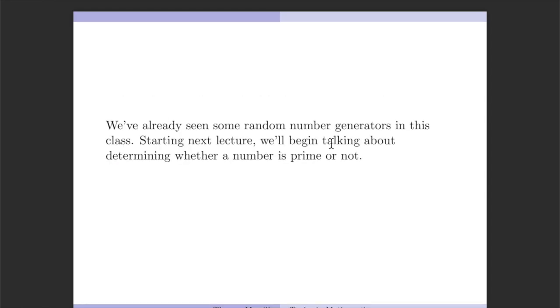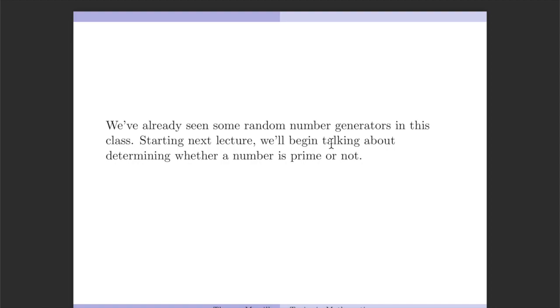Well, that should raise another question. How do we determine if some random number is prime? Particularly if that number that we picked is so large, remember, we want big primes so that factoring is hard.